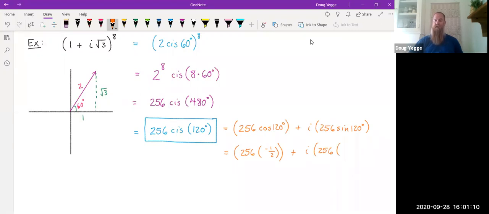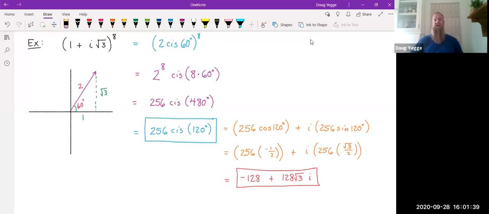So we know that we're going to have sine of 120, which is root 3 over 2. And if I now rewrite that in rectangular form, this simply gives me negative 128, which is the real part, plus 128 root 3 i, which is the result we would get if we were to multiply this by itself 8 different times.